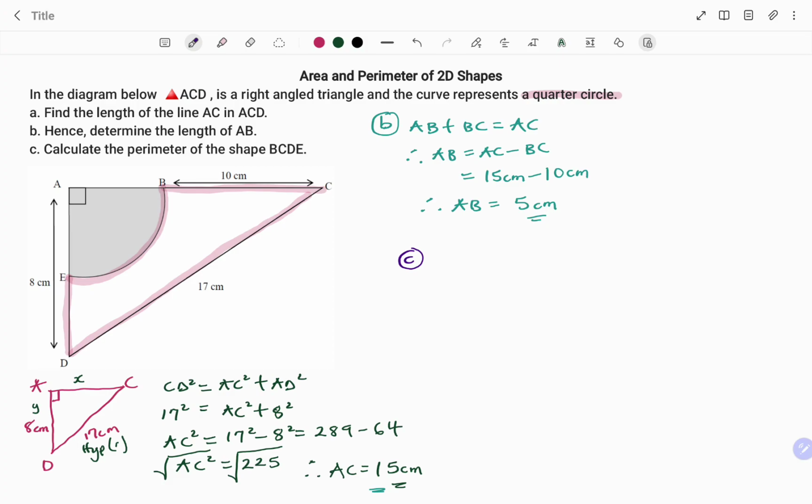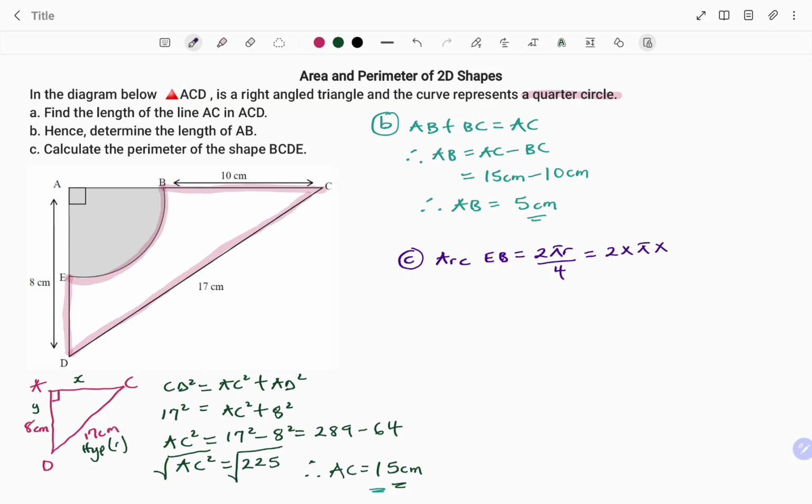So therefore, the length of arc EB equals the formula for finding the circumference of a circle, that's 2 pi r divided by 4. We have that as 2 times pi, or 22/7, times r.